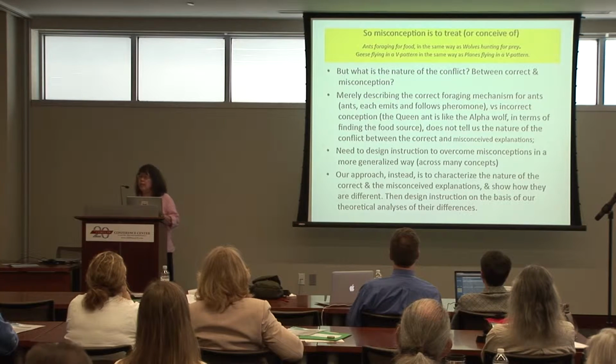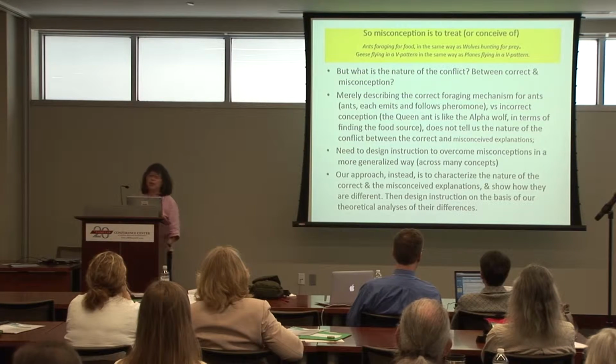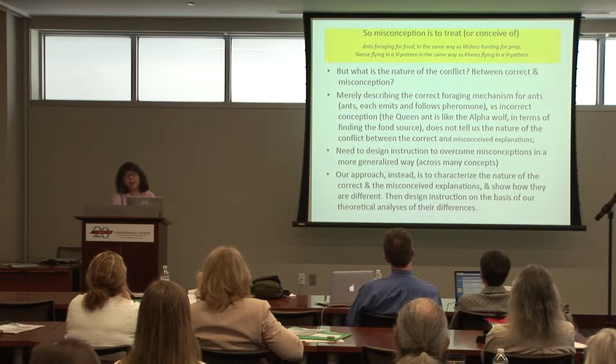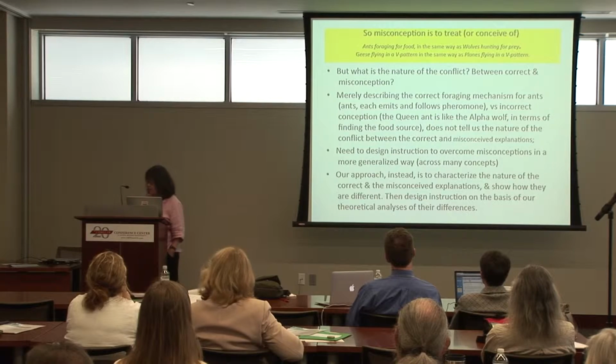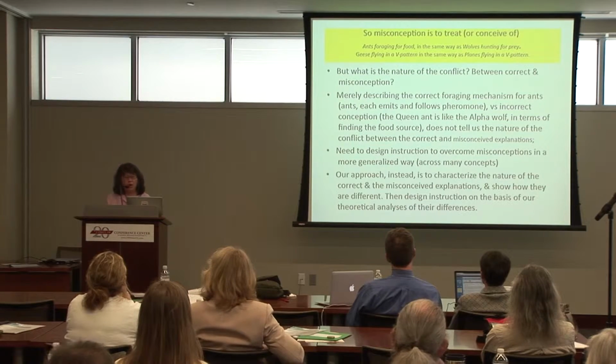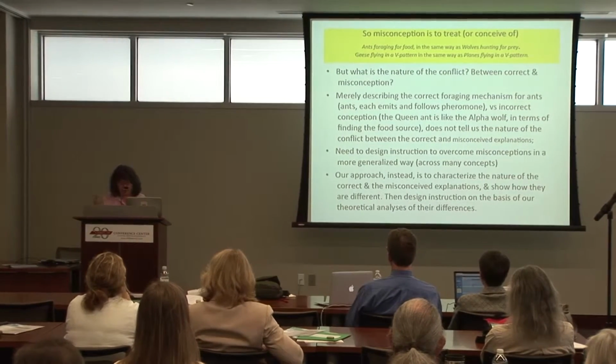But what is the nature of this conflict between the correct and the misconceived ideas? Typically what some scholars of misconceptions do is describe what the correct conception is and describe what the scientific conception is. And physicists really like to do that. They make fun of Harvard undergraduates who don't understand what's going on.